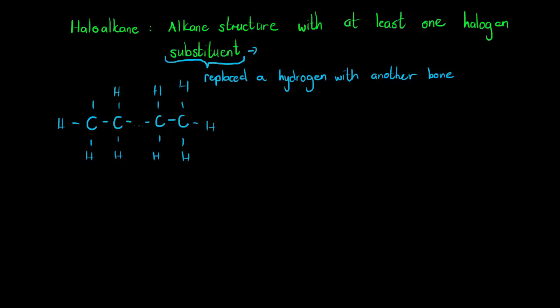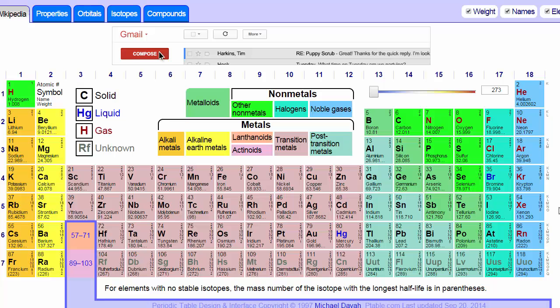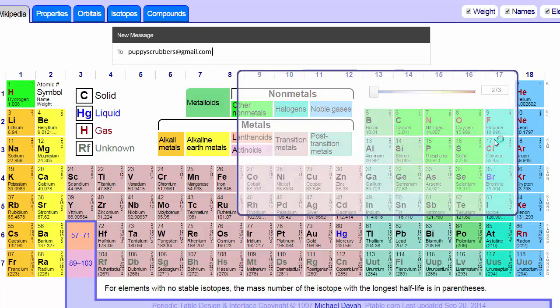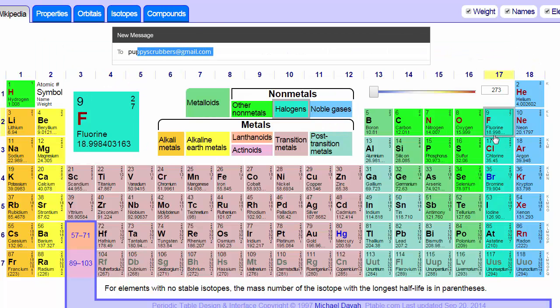What are halogens again? They are the group 7 elements. So let's go to our periodic table. Do you remember the group 7 elements? They are these: fluorine, chlorine, bromine, and iodine.